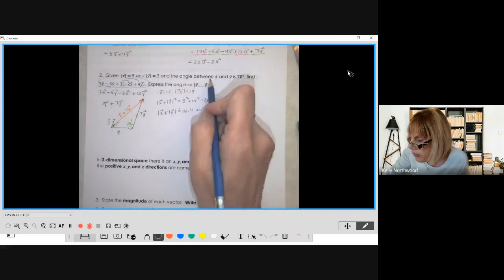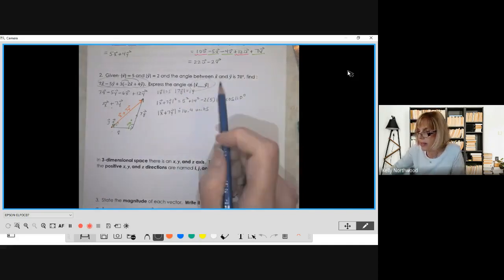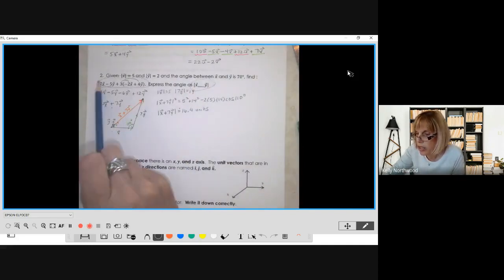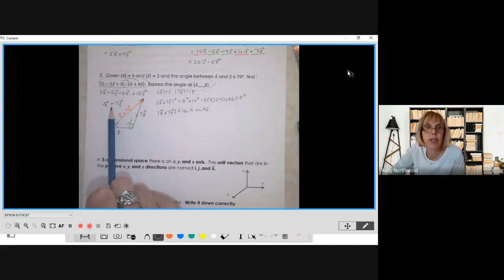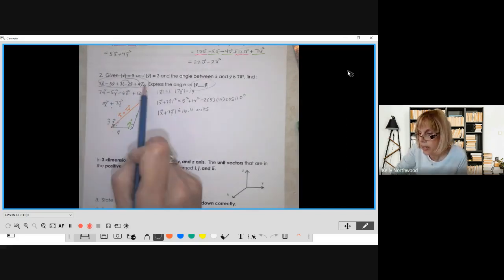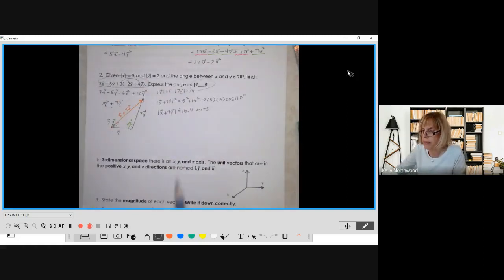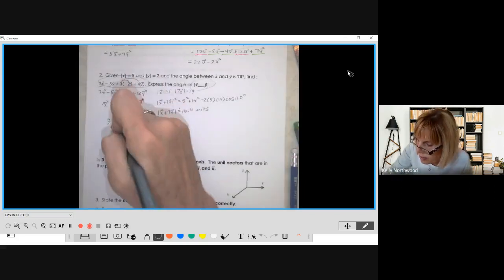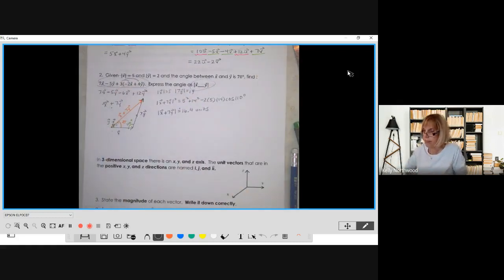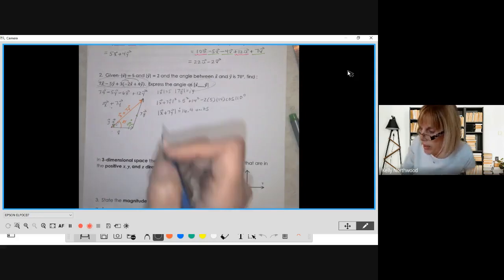I also have to give an angle, so I have to find this expression, which was simplified down to this expression. And this is a vector, because there's no magnitude bars around it, so I have to find the angle. So this is the angle I'm interested in finding, angle theta. So I can use the sine law.